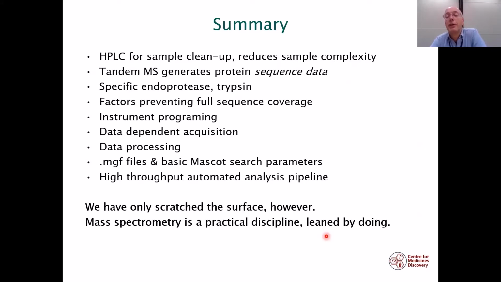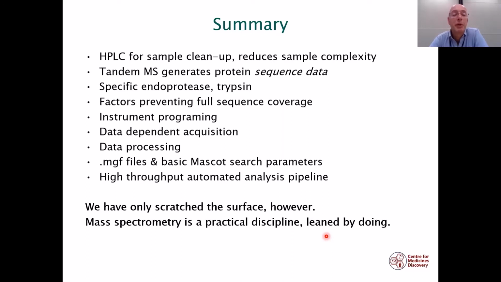It does not allow you to obtain protein identity. We usually use a specific protease, and that's normally trypsin. We've covered the factors that prevent full sequence coverage, and you can see that's actually quite a complicated subject. It's very difficult to achieve full sequence coverage by MSMS.